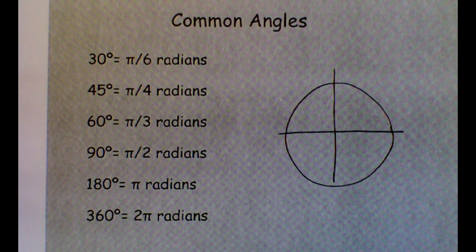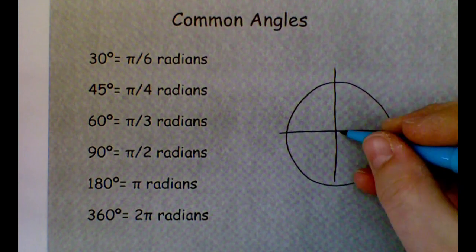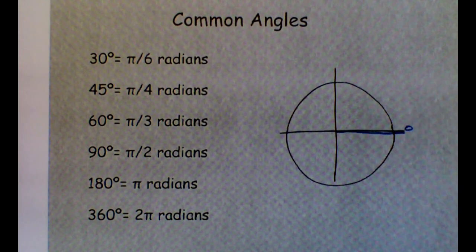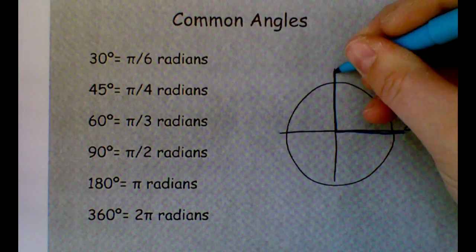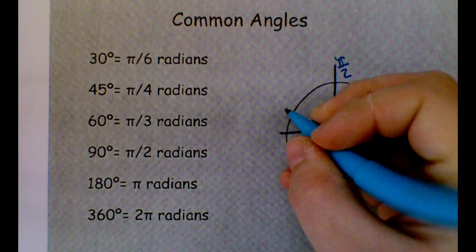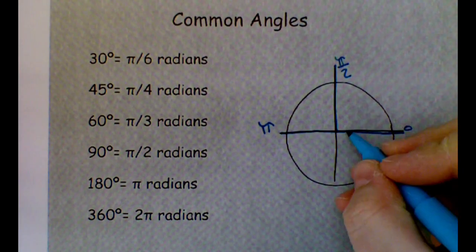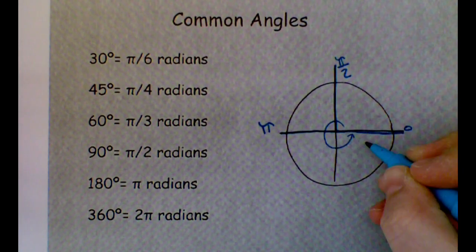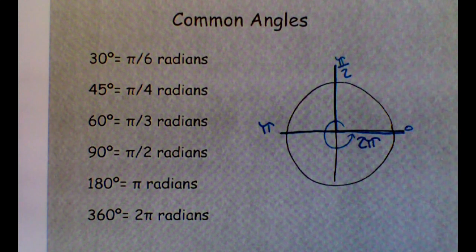We'll talk about this circle in a future lesson, not too long. But if I start here at 0 radians, 90 degrees is pi over 2. 180 degrees is pi. All the way around is 2 pi in radians.